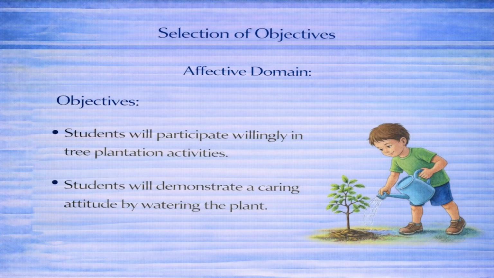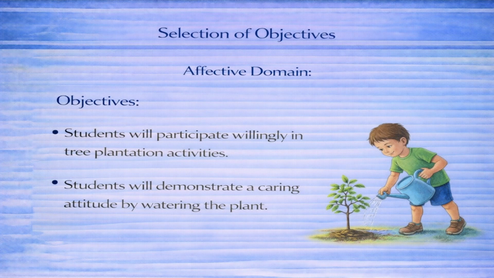Objective based on affective domain. The affective domain is related to feelings, attitudes, values and emotions. It develops students' interest, appreciation and positive attitudes. Objective based on affective domain will be like this.